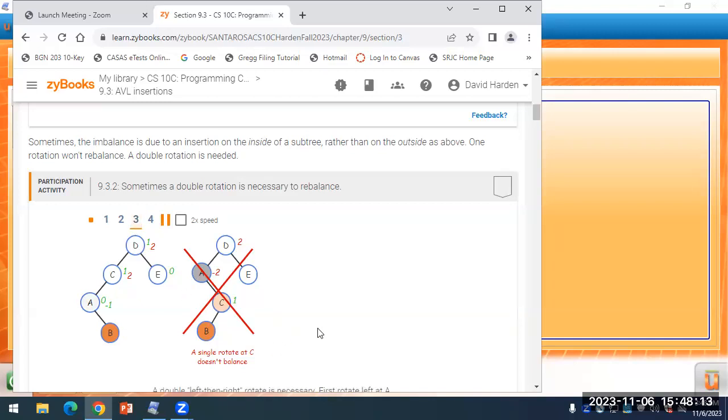Oops. Yeah, that's the same thing. First rotate left at C's child, so that we end up with basically the situation where we're inserting to the left or on the outside. And now we can do a right rotation and we get a balanced tree again.